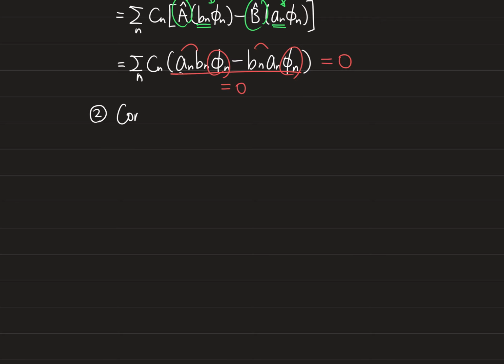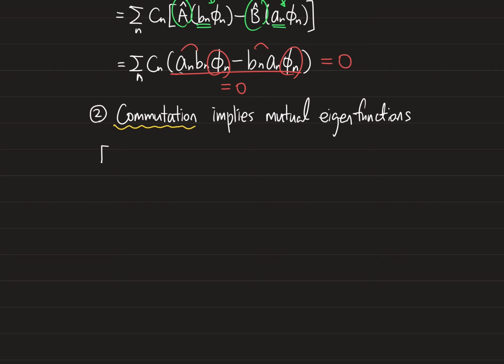So commutation implies mutual eigenfunctions. So we assume that two operators are commutative. So let's say the commutator for the operators A and B is 0.